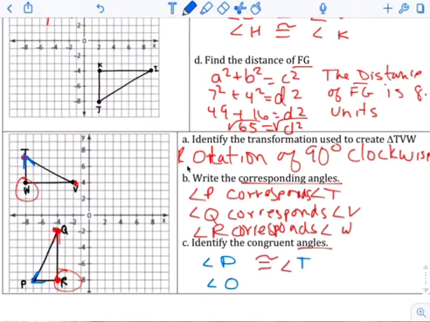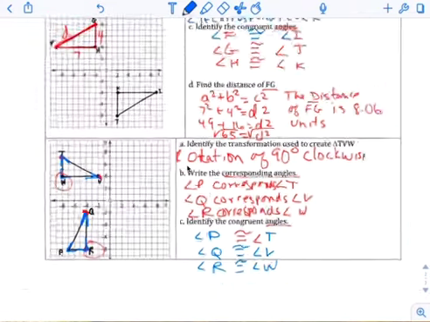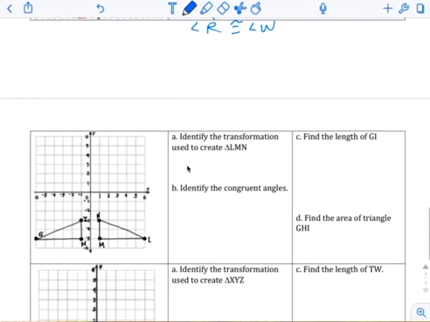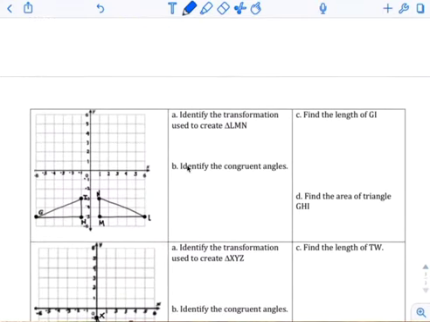Angle Q, this angle Q, is congruent to angle V. And angle R right here is congruent to angle W. Basically, congruent means the same size.